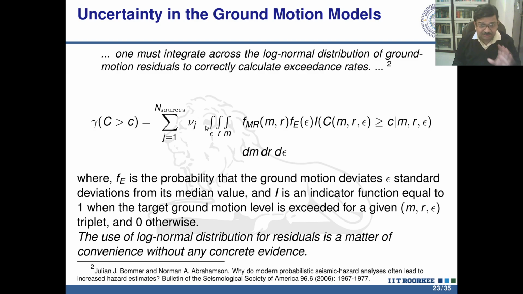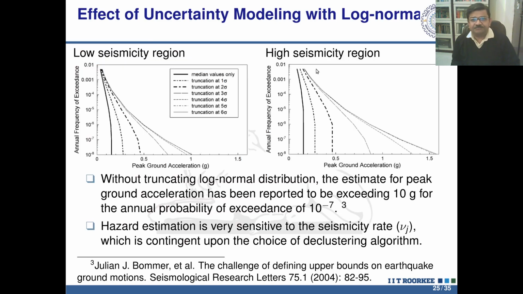If you really want that 10% probability in 50 years design, otherwise you don't really know what probability you're talking about. So effectively, the 475-year return period can be this value, it can be this value, or it can be this value, depending on at what limit I am truncating that probability integral, for the same seismicity rate, which is again contingent upon the choice of declustering algorithm.